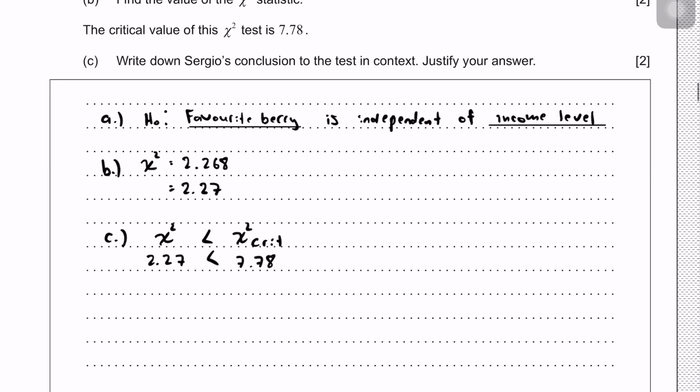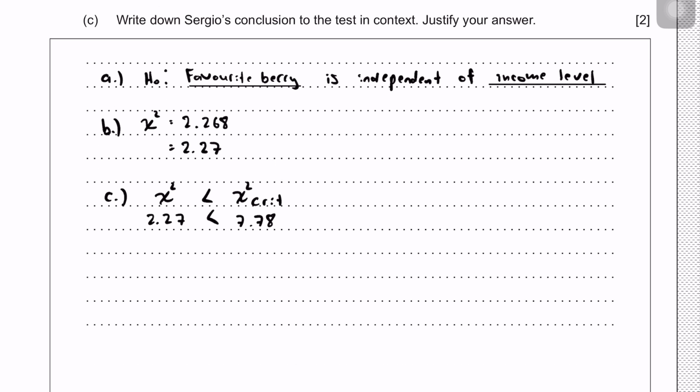So in this case, comparing the chi-squared value to the chi-squared critical value, the difference between observed and expected isn't actually all that great. So we would accept the null hypothesis, or we could say we fail to reject the null hypothesis.